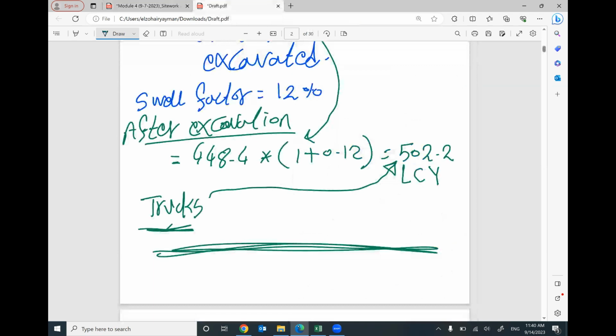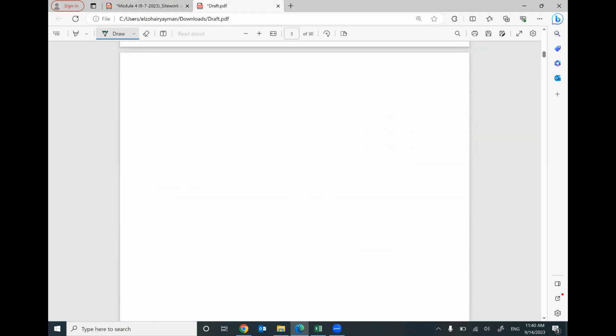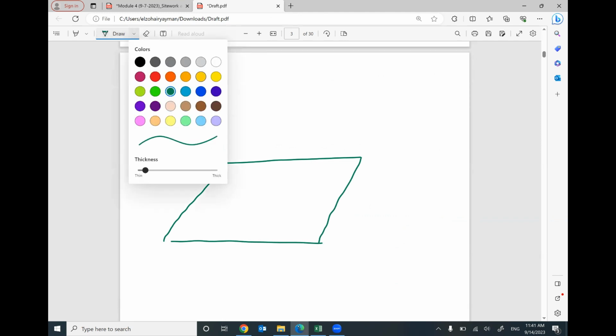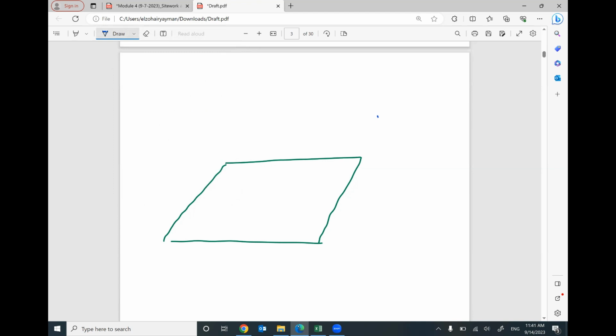I will try to help you to draw maybe 3D. It's hard for me to draw 3D, but this is the bottom and this is the top.